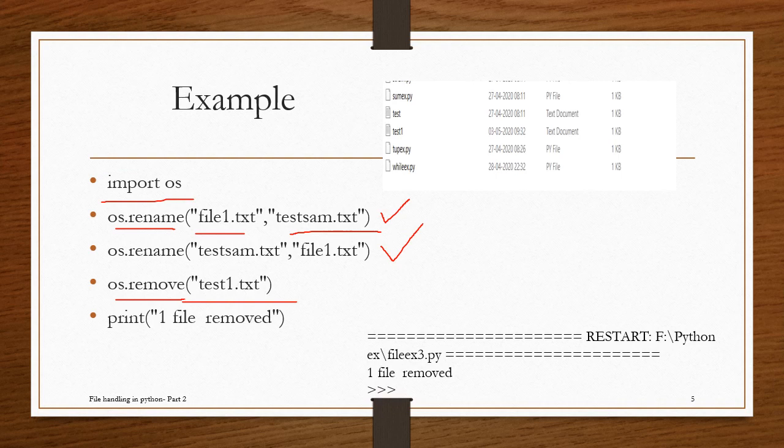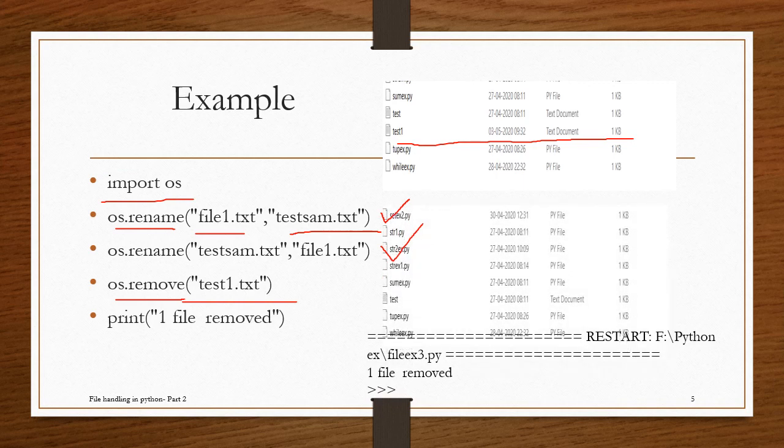So initially there was test1.txt in my folder, and after execution of this program, you can see that that file is not present anymore here. After test, some other files are present, but test1.txt is removed from the working folder.